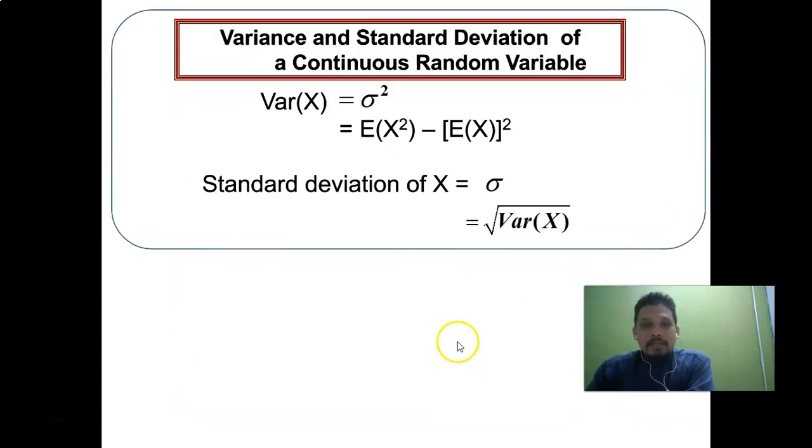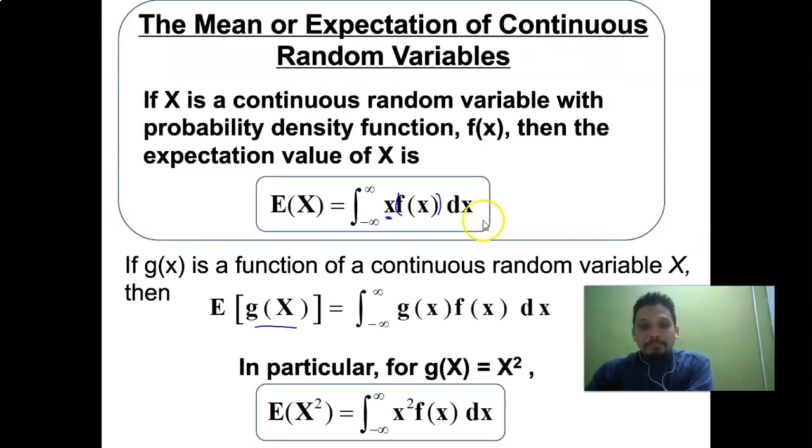And variance, standard deviation of a continuous random variable. Variance, we call the symbol sigma squared, which is the expected value of x squared minus, in bracket, the expected value of x in bracket squared. So then standard deviation equals the square root of the variance here. Okay.